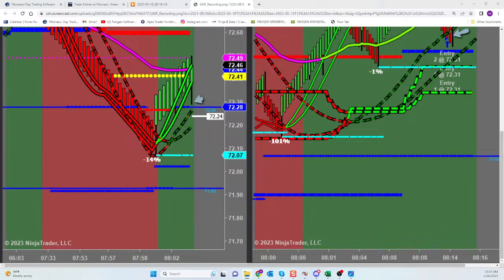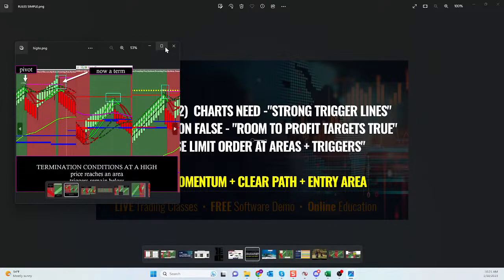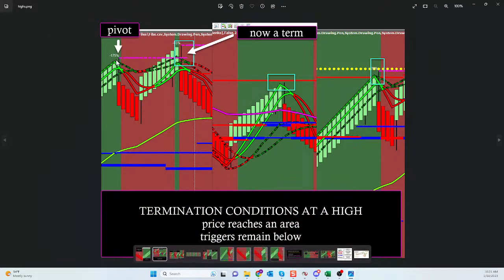So let's go back to the picture. Absolutely. So cyan and magenta are both included. Guys, great question. So D, this is what happened. The pivot has a loss of momentum. That's what creates the magenta line. But D, you don't see this magenta line until price is somewhere all the way down here.